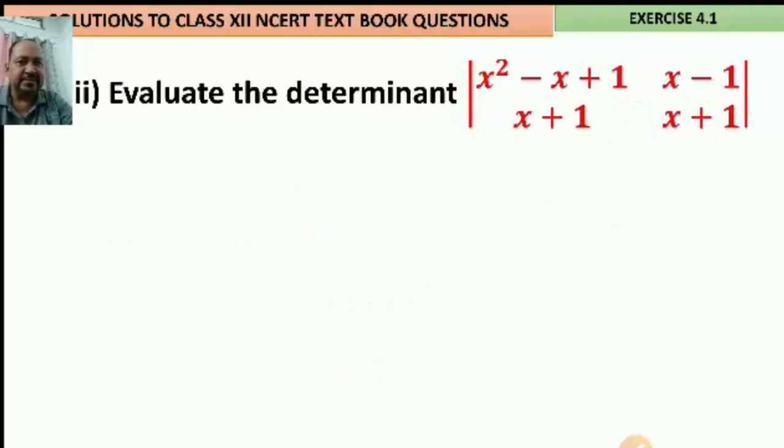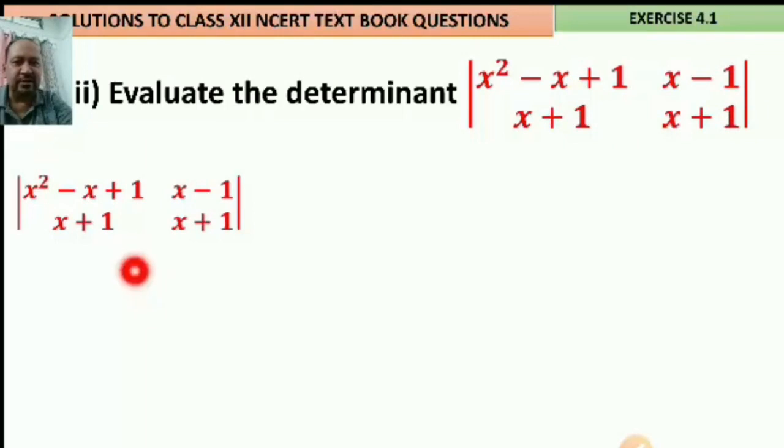Now the second part: evaluate the determinant with entries x square minus x plus 1, x minus 1, x plus 1, x plus 1. As you know, in the same way, we cross multiply this expression to this expression, and minus this to this.